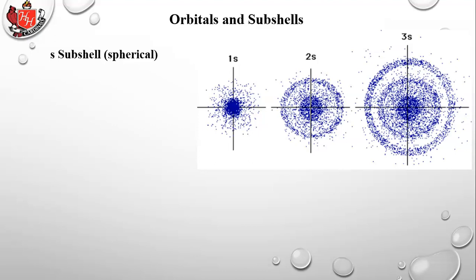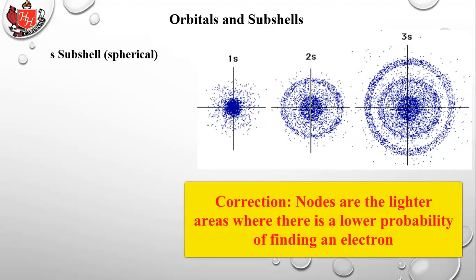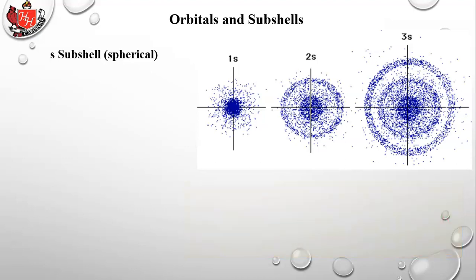And for the 3s, it has what are called nodes. The one in the center you see is very dark. Then you see a circle that's a little bit darker away from that. And then you see another circle farther out that's a little bit darker. So it's as though there's kind of energy levels within that s orbital. And the electron is most likely to be in those places where you see it darker. You don't have to understand why, you just have to understand that's the way it is.